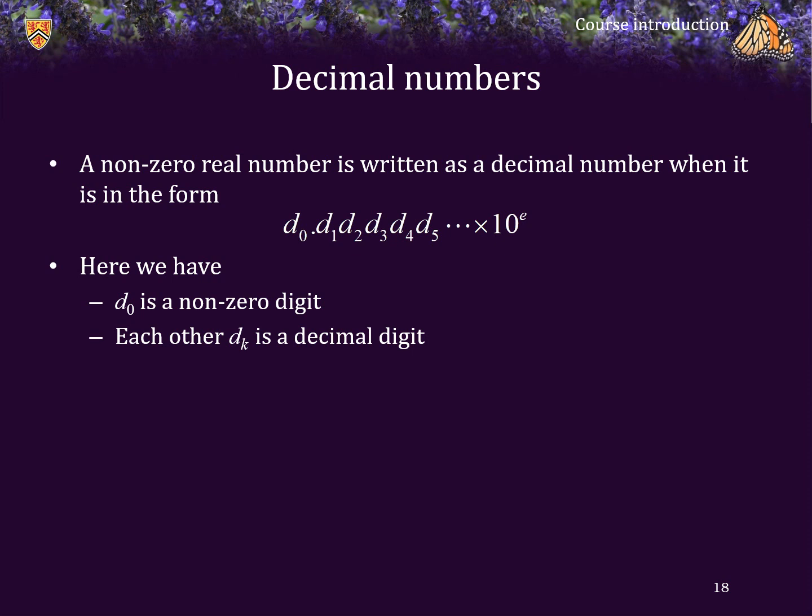Also, each subsequent digit must be some digit between 0 and 9. The exponent e is going to be an integer, and that integer can be positive, 0, or negative.